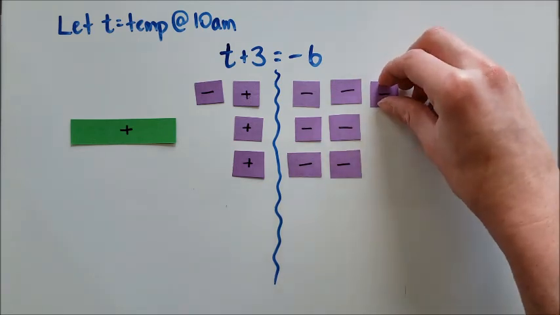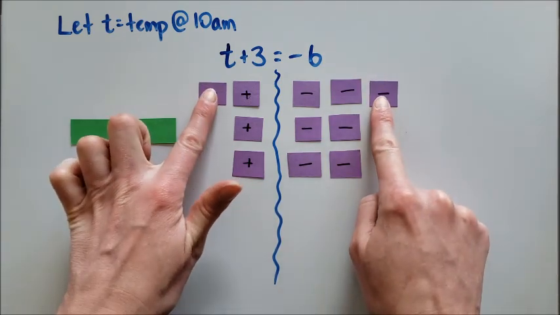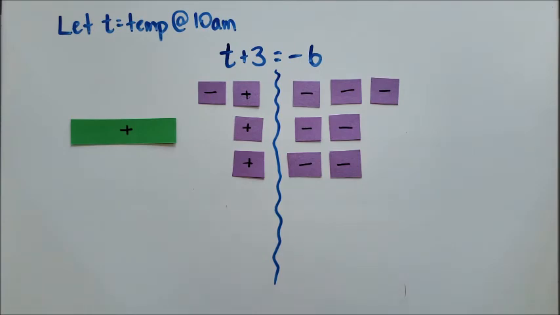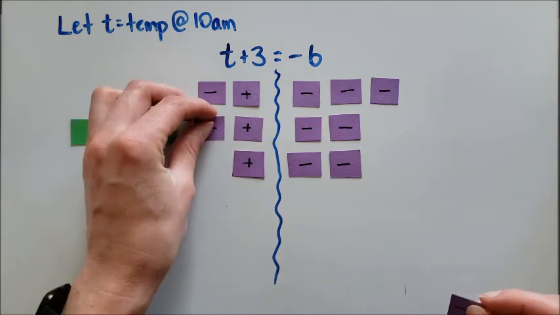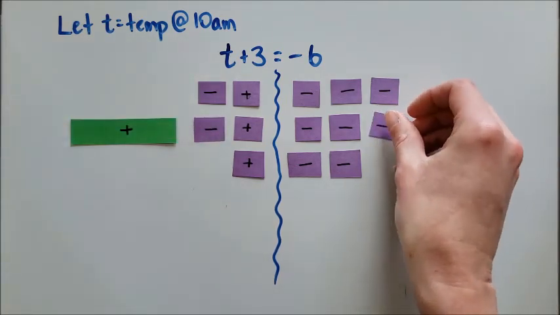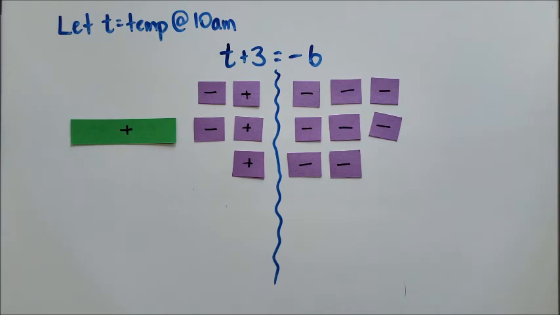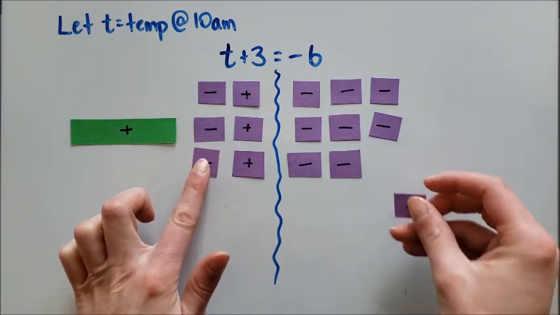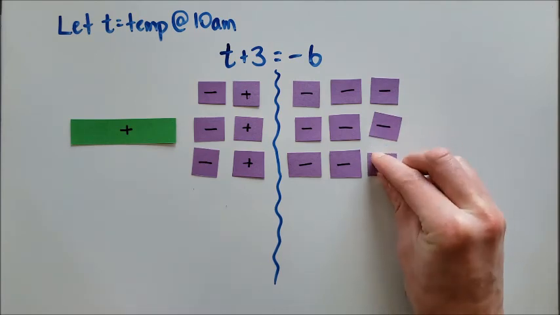So if you're using tiles, this is kind of a good way, I know I did it differently in the last example, to add one to both sides as you go, just because then you know that you're still doing the same thing. So I'm going to add one to this side, one to that side, and one to this side, and one to that side.